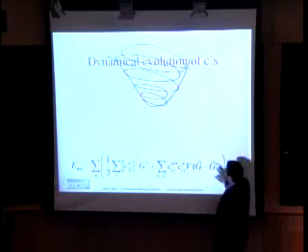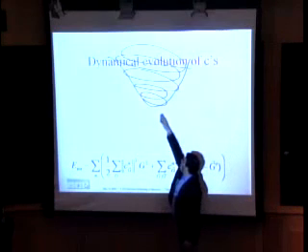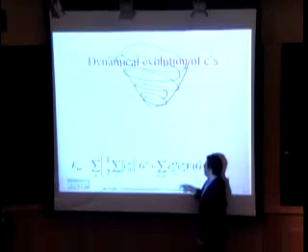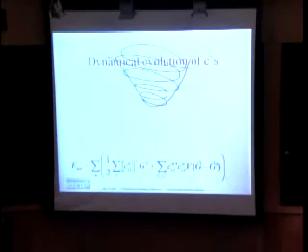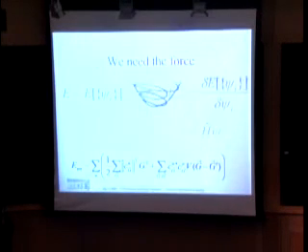In LDA or GGA, it has only one minimum, and we need to find that minimum as a function of these very many coordinates. And so we use molecular dynamics techniques and molecular dynamics analogies.